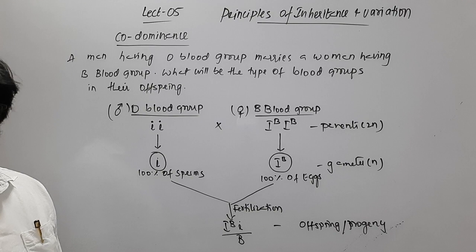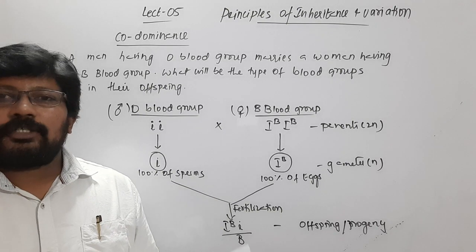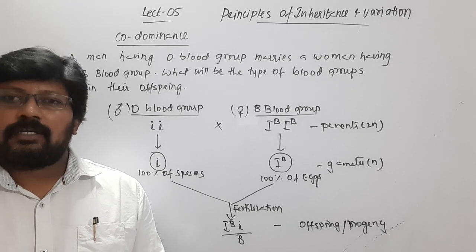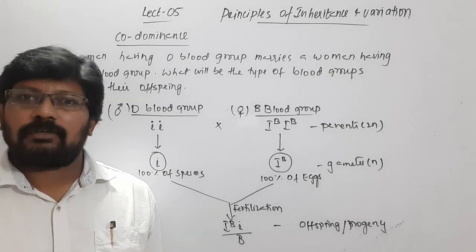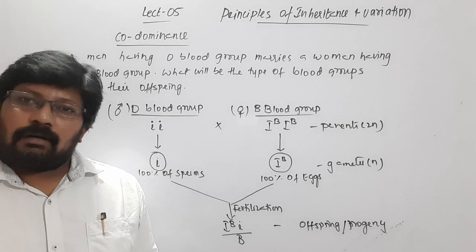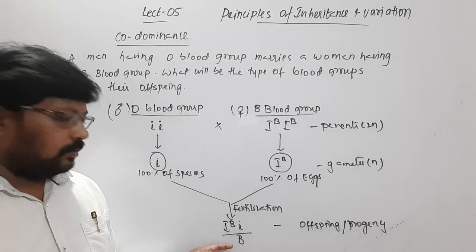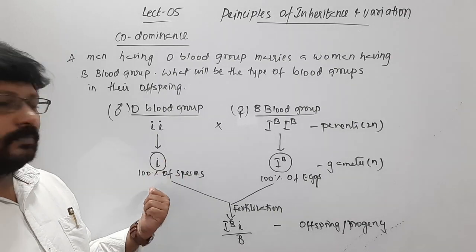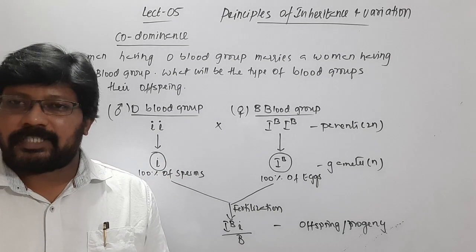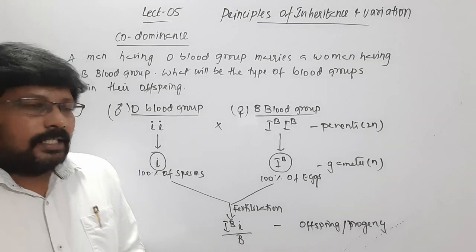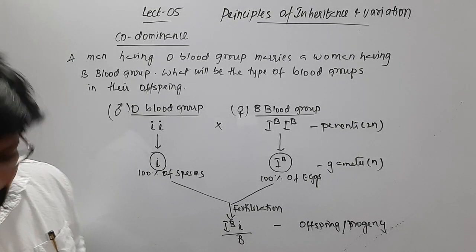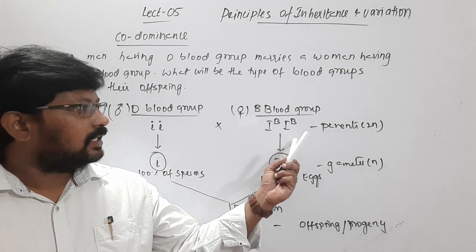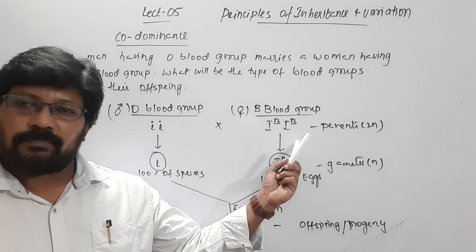Now if this couple is going to have 10 children, all the 10 will have only B blood group, or if they have 100 children, all of them will have only B blood group. Never ever will the O blood group get expressed, right? This is the condition if the woman is homozygous.